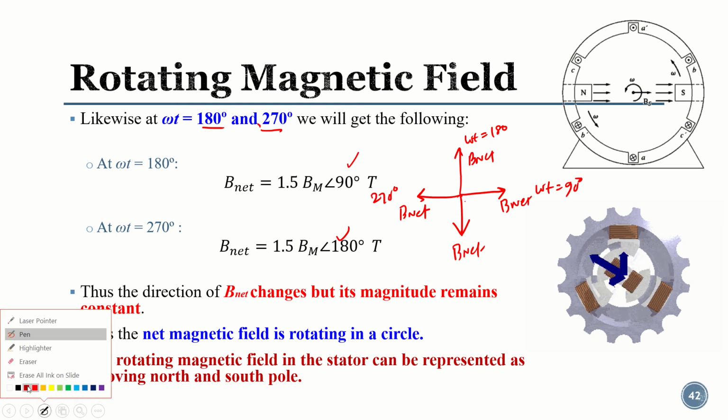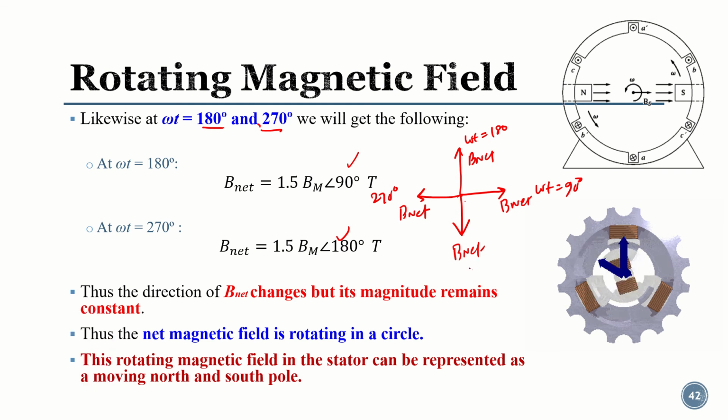So we just calculated for four instances: 0 degree, 90 degree, 180 degree and 270 degree. If you calculate for the other instances, it will be coming like here, like here, like here.